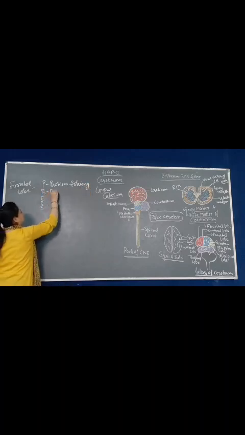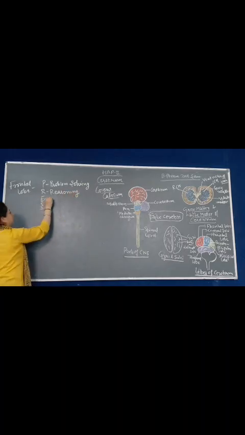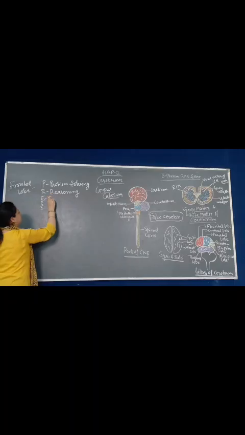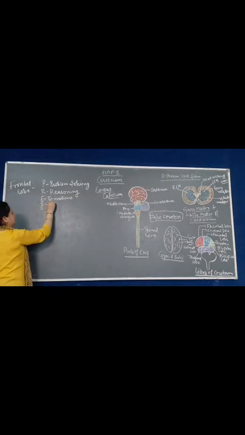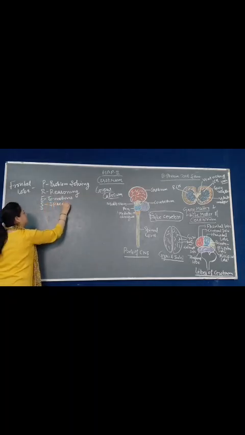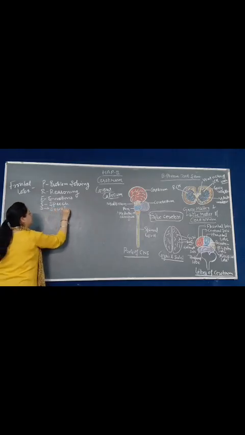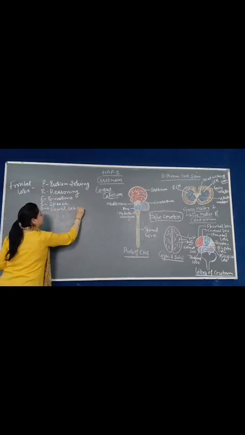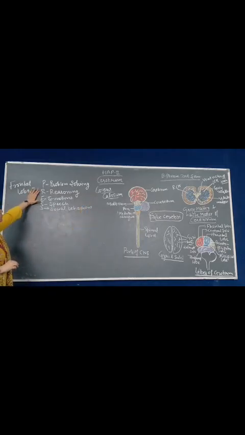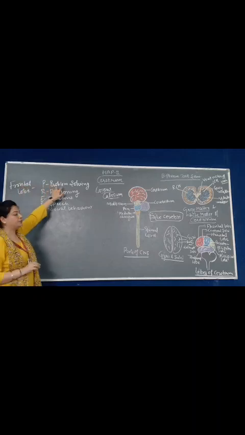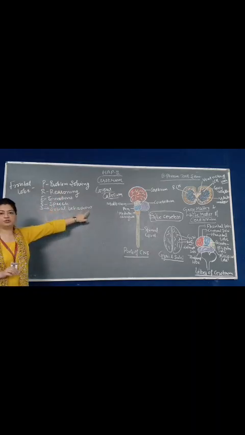R stands for reasoning. E stands for emotions. S stands for speech, and another S stands for social behavior. So these are the functions of the frontal lobe: problem solving, reasoning, emotions, speech and our social behavior.